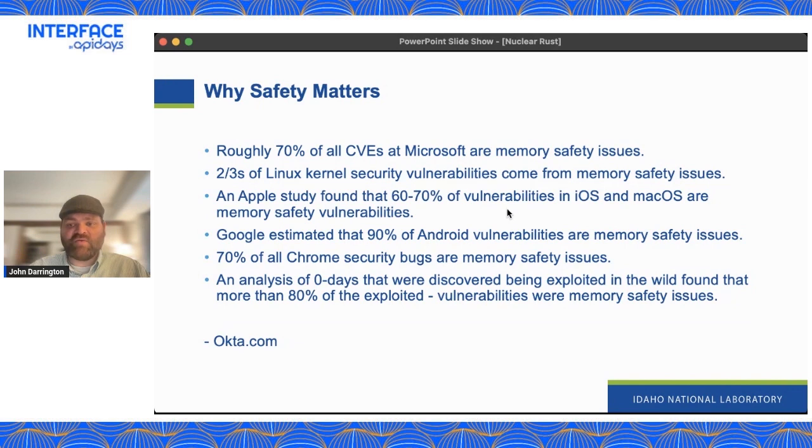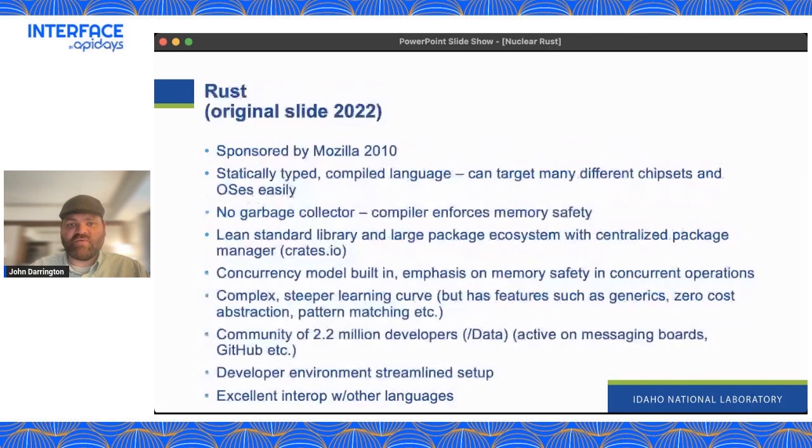And you might know where this is going if you've dealt with this language before. This slide is, again, an original slide from that 2022 meeting. We were comparing different languages and technologies. We were comparing things like C++, Go, and then Rust. And Rust kind of stuck with us quite a bit.